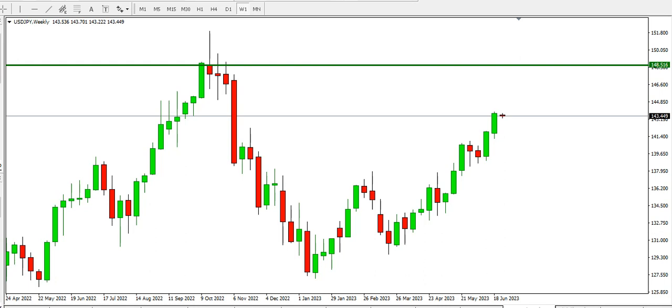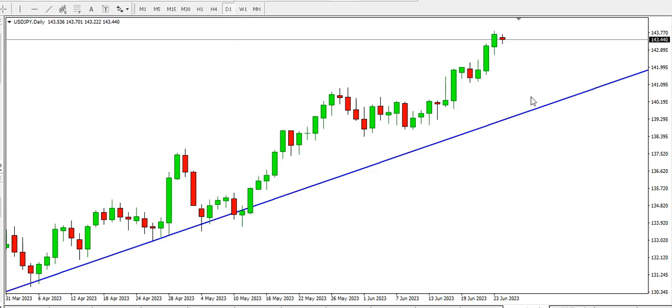For USDJPY on the weekly time frame, USDJPY is bullish, and the long-term price target is the 148.5 level. On the daily time frame, it's still bullish as price continues to break structure to the top side.